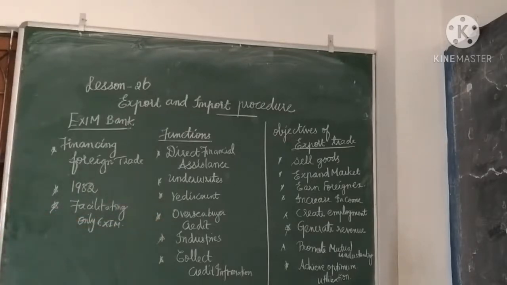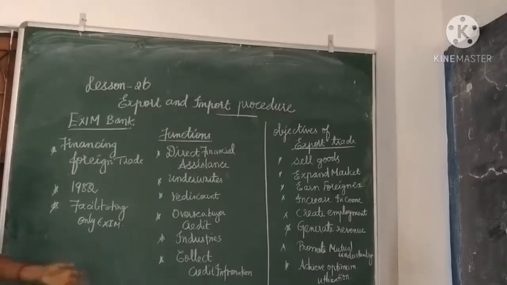Overseas buyers get the credit facility for what reason? For import of Indian capital goods which are used for manufacturing export products. And also the Exim Bank finances export-oriented industry.